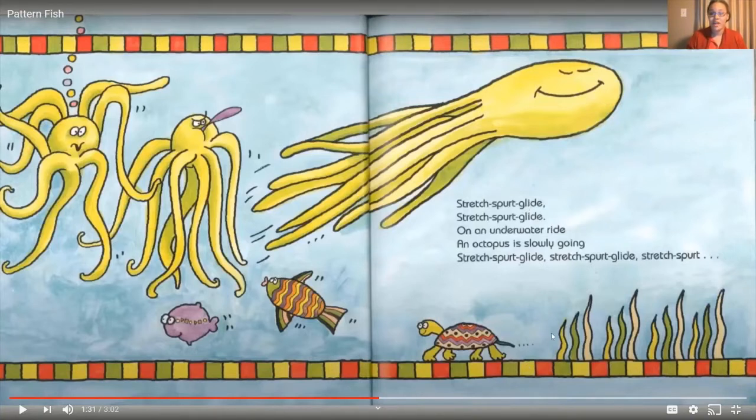So you have little, medium, big, little, medium, big, little, medium, big. This one also could be a color pattern. There's a different pattern on the turtle and a shape pattern on this fish.